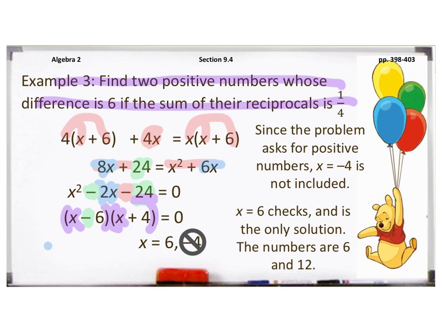Now, this gives me 6 and negative 4. I go back to my original equation. As for a positive, in the problem it asks for positive numbers. Well, negative 4 is not a positive number, so I have 6.